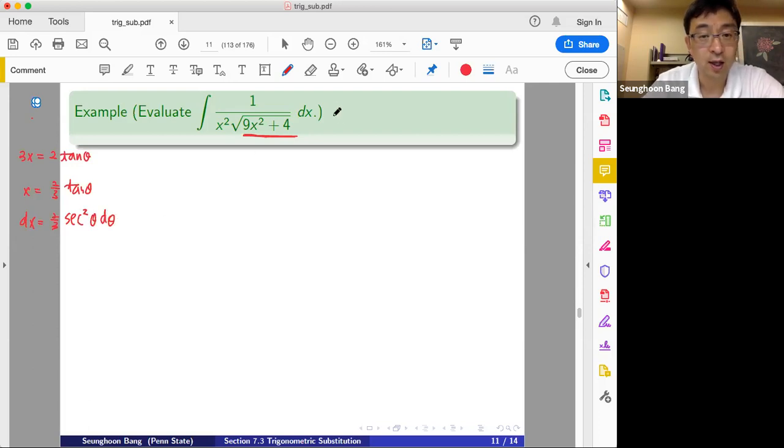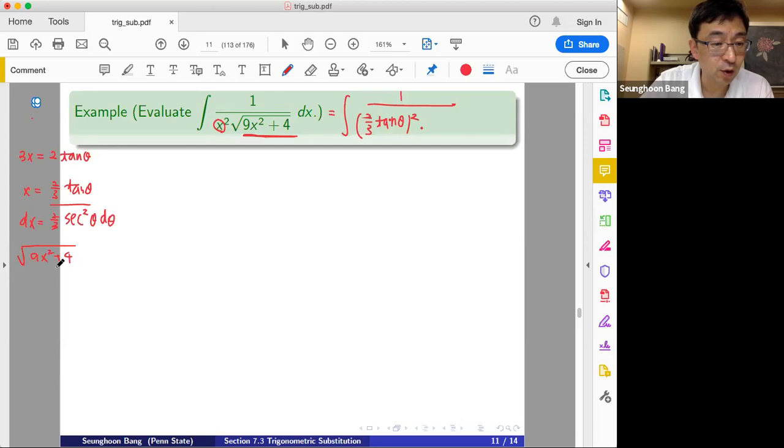So we have it. Next, change 1 over x squared times the square root of 9x squared plus 4. X is 2/3 tangent theta, so we have 2/3 tangent theta squared. The square root of 9x squared plus 4 is the square root of (3x) squared plus 4.